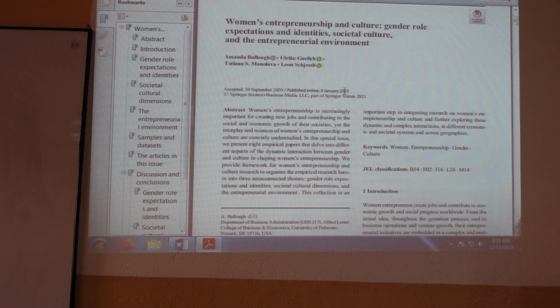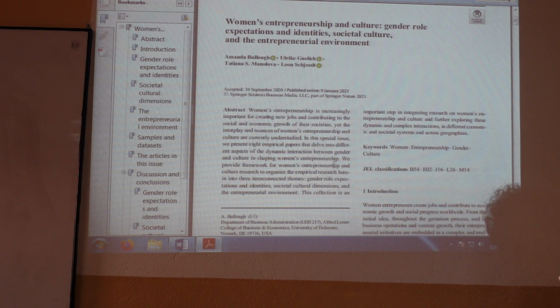The first thing is to read the title, and pay attention to every word in the title. For example, this paper is about women's entrepreneurship. This is the broad topic. Within that, the focus is on culture. Entrepreneurship and culture.